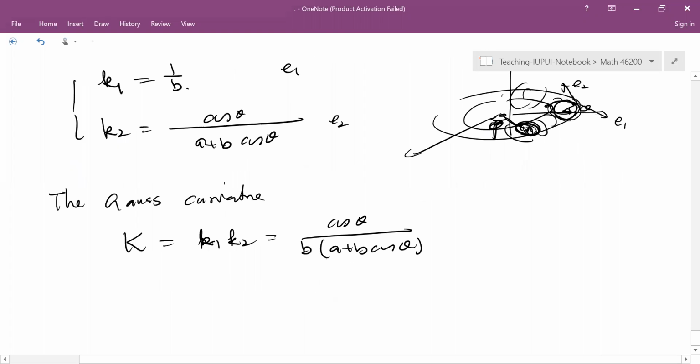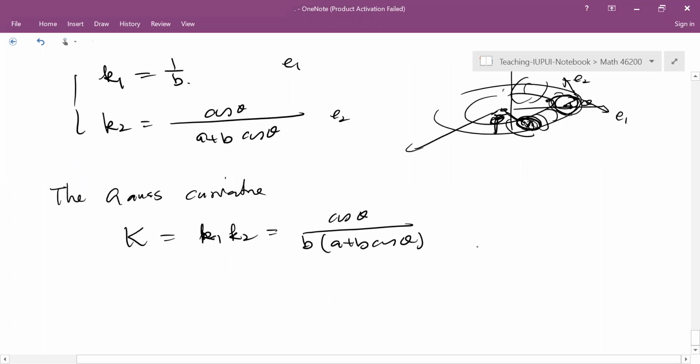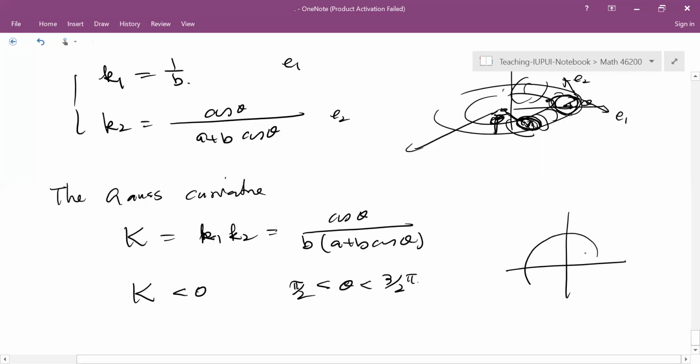And when the Gauss curvature is negative, well, it depends on cosine theta, right? So Gauss curvature is negative if and only if theta is greater than pi over 2 and less than 3 pi over 2.